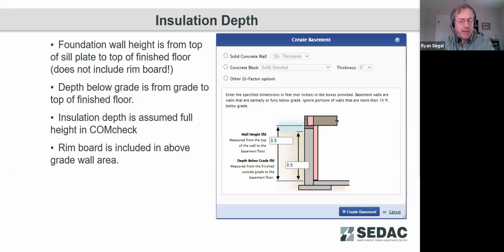I actually just had a question this morning on this exact thing, as far as making sure that what is entered into ComCheck is reflective of the actual design and the field installation. We always hope that the field installation matches the design and matches the ComCheck, but it doesn't always. And so making sure that we're verifying that as we go through.